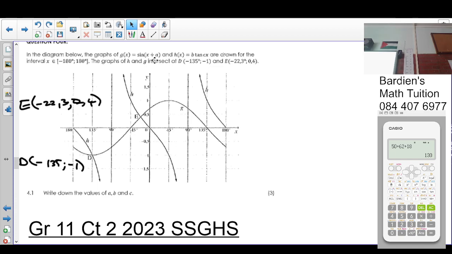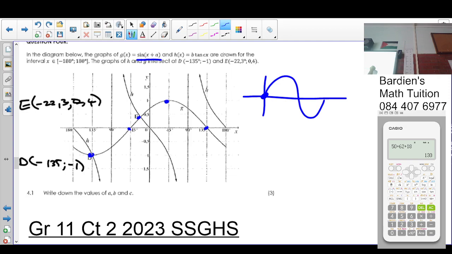So what I'm going to do is use a point on g. As you can see, the graph of g of x is this graph right through here. So I can use that point, or I can use 45 and 1, or I can use this point, or that. There are many points I can use. I can either use the point E as well, and so on. But we know that the sine graph normally starts at the neutral point.